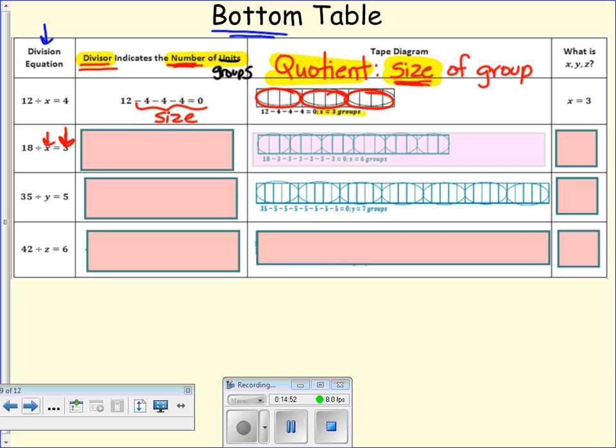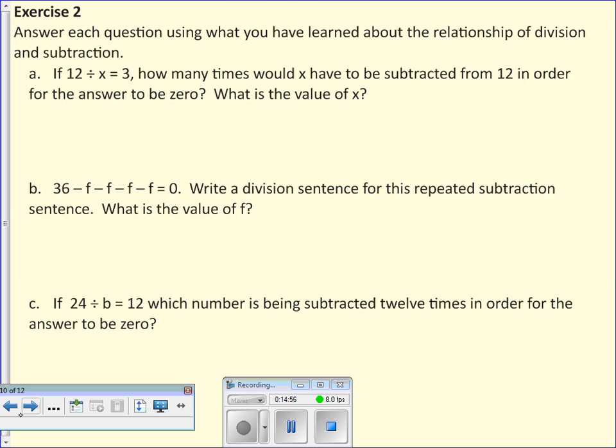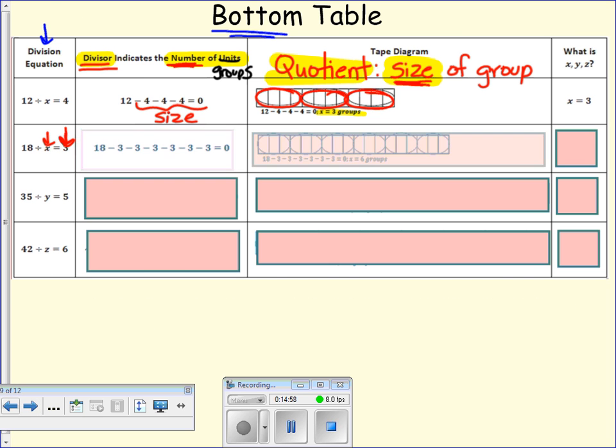Oops, wrong one. So take your tape diagram, draw your 18 boxes, and my quotient is the size of the group. So I need 3, 3, 3, and I'm going to keep subtracting 3 until I get to 0.